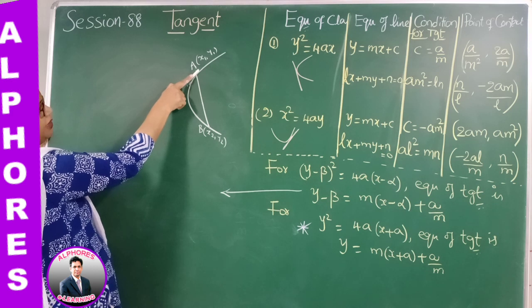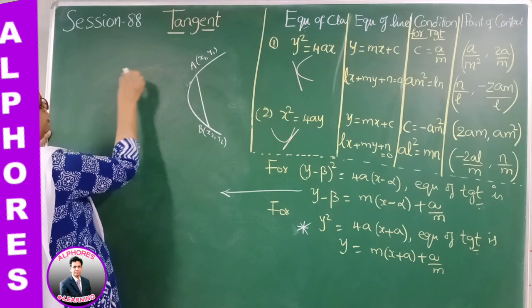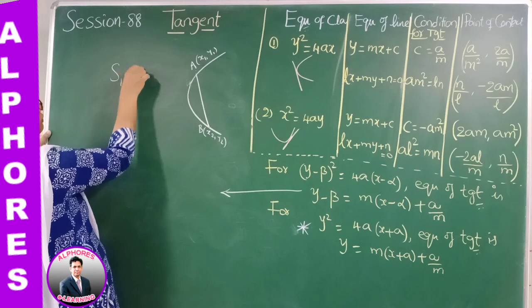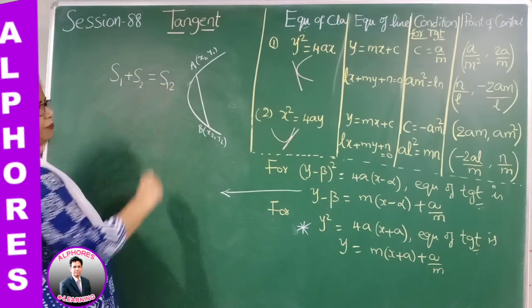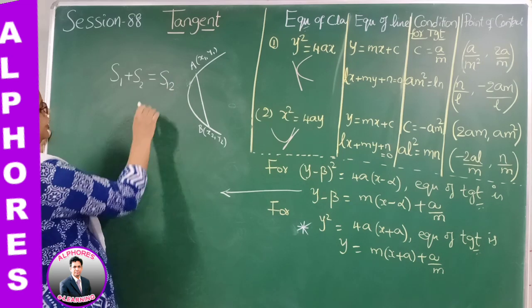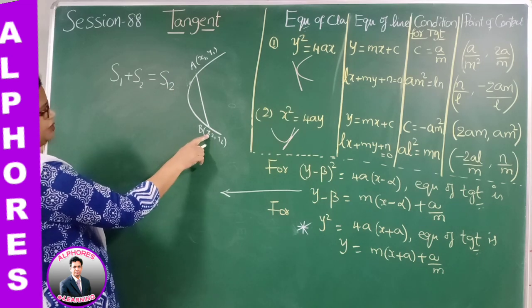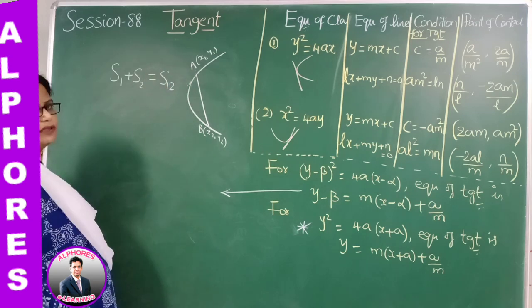When B tends to A, we know the chord equation with endpoints (x1, y1) and (x2, y2) is S12. This is our chord equation. Now we take (x2, y2) tending to (x1, y1).